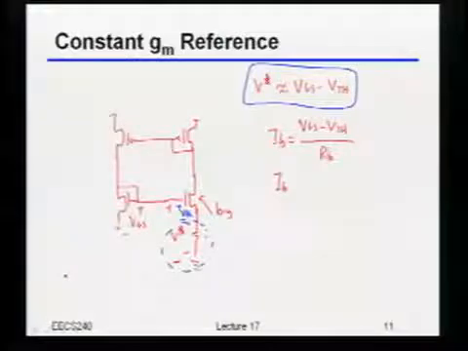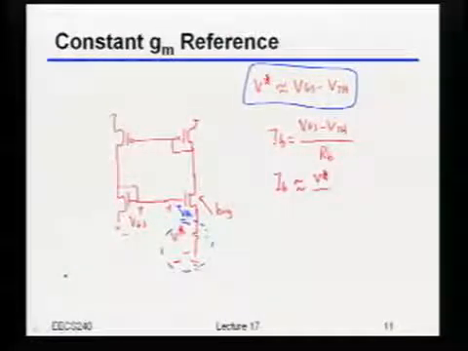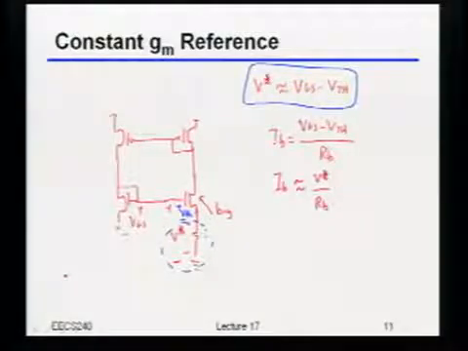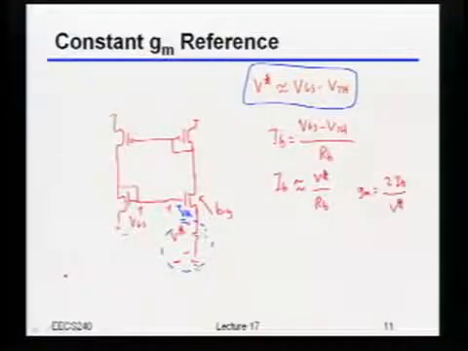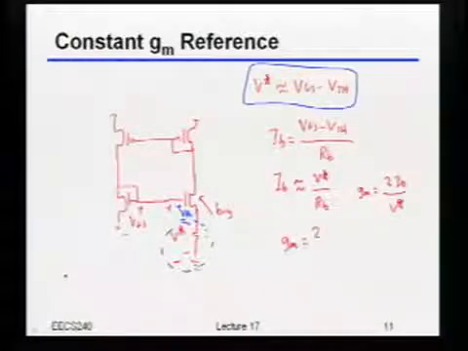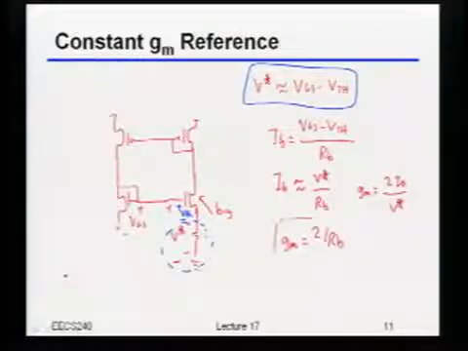And then, to the extent that VGS minus VT is roughly V star, then IB is now V star over RB. And so if you remember that GM is equal to 2IB over V star, then if we rearrange things, that's going to say that GM is equal to 2 over RB. Okay?